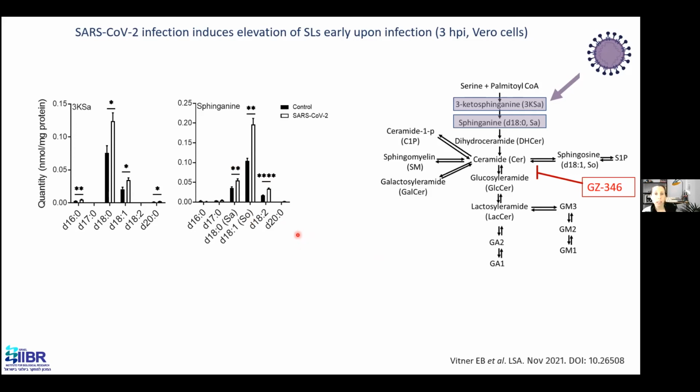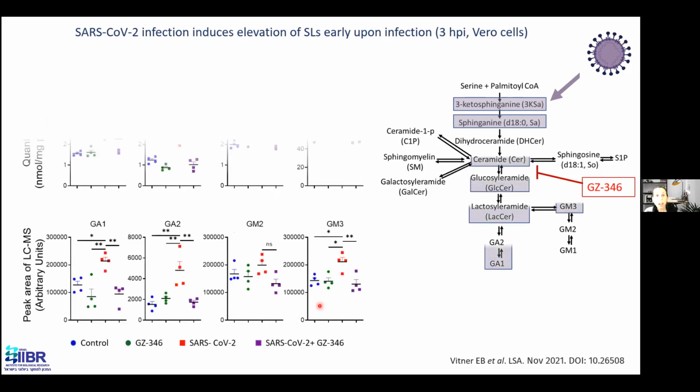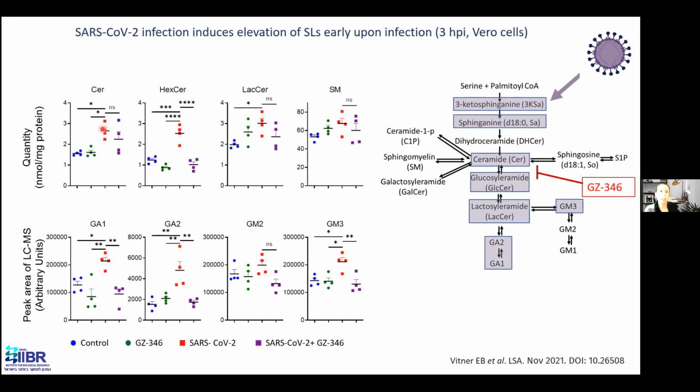Here we saw a very dramatic and significant elevation 3 hours post-infection in sphinganine, sphingosine, 3-ketosphinganine, and also in ceramide and hexosylceramide. I marked here in this line all the sphingolipids which were upregulated upon SARS-CoV-2 infection. And when we treat the cells with glucosylceramide synthase inhibitor, we see that it doesn't allow this increase in hexosylceramide, GA2, and GA1, as expected.